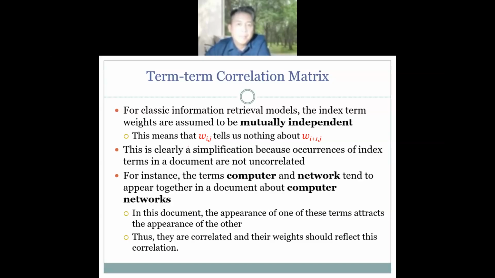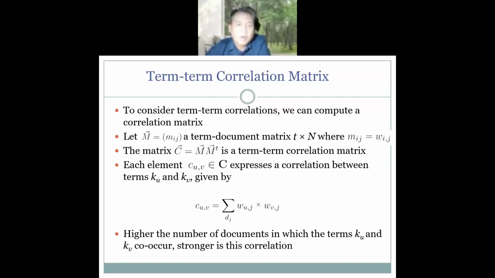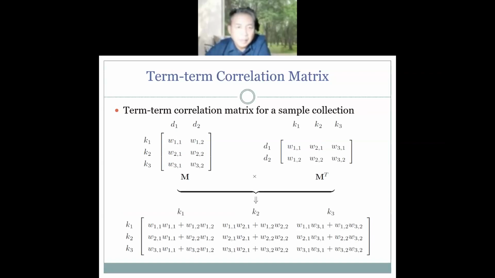Just to give you a review, in the term correlation matrix we have the formula to find out which two terms are closely related to each other. For example, computer network always comes together, or software engineering and so on.